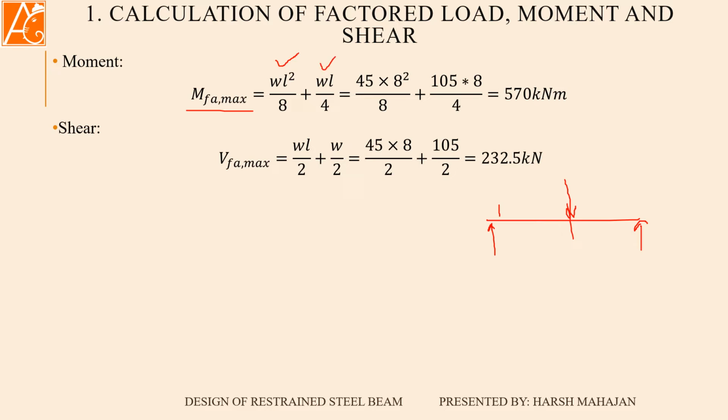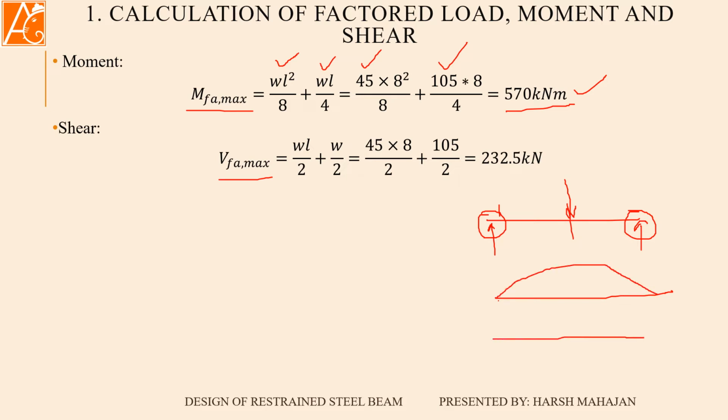Inputting the value of the total factored UDL and total factored point load, I am getting 570 kilonewton meter moment. Similarly, shear forces will be occurring at the reaction portion. So if we draw the bending moment diagram, it will be like this, and for shear it will be something like this.